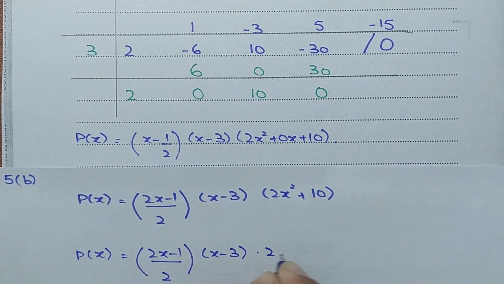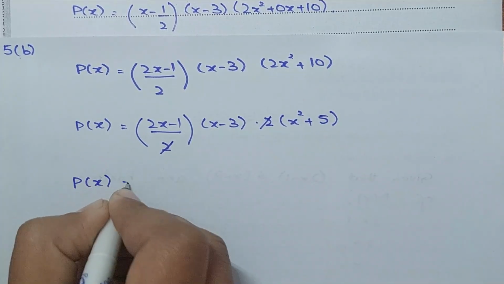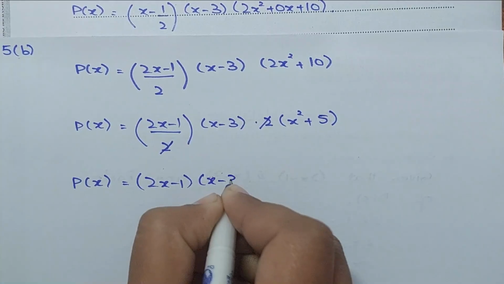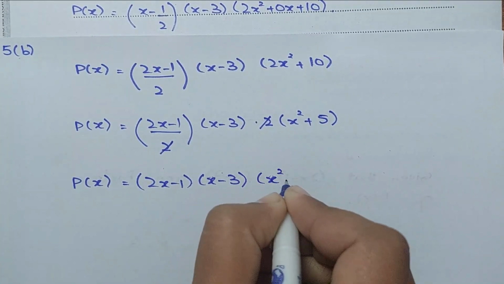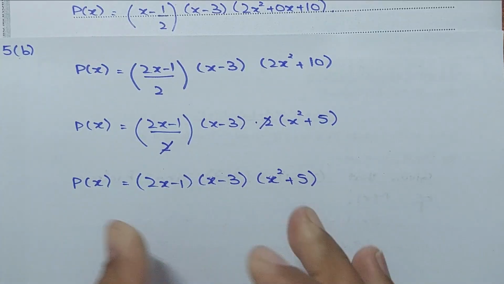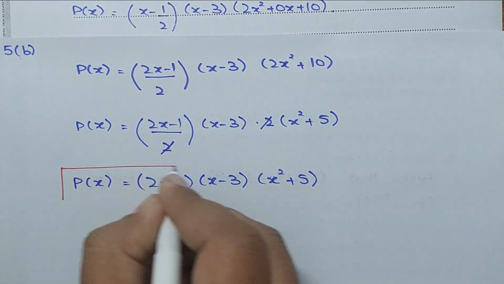Let me take 2 common. We are left with x square plus 5. So this 2 and this 2 cancel out, and here we have P of x is equal to 2x minus 1, x minus 3, and x square plus 5. We cannot factorize this further, right? So this is the fully factored form of the polynomial P of x.